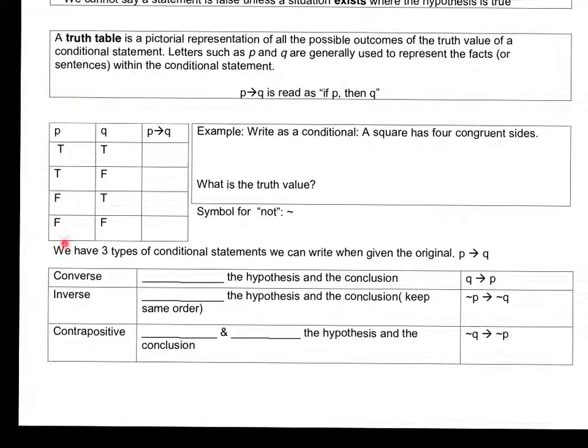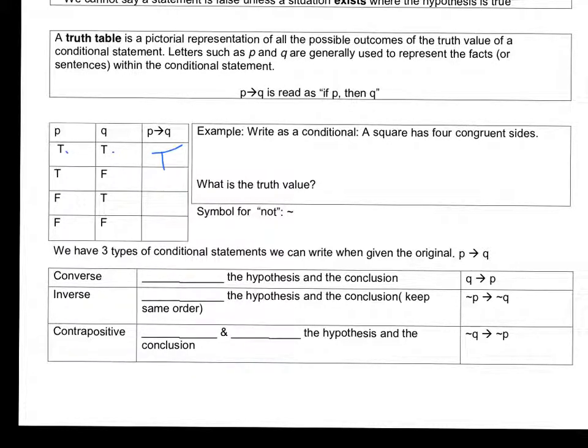Let's look at this truth table here. If your hypothesis is true and your conclusion is true, then we know our whole entire statement will be true. So if we had said, if a rectangle has a width of 5 and a height of 4, then the area is 20 square feet. Yep, no problem, that's true. The second one's what we just talked about, though.